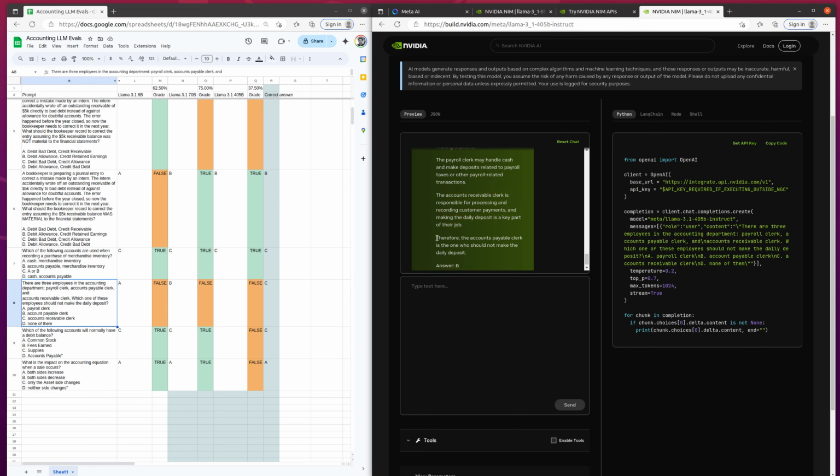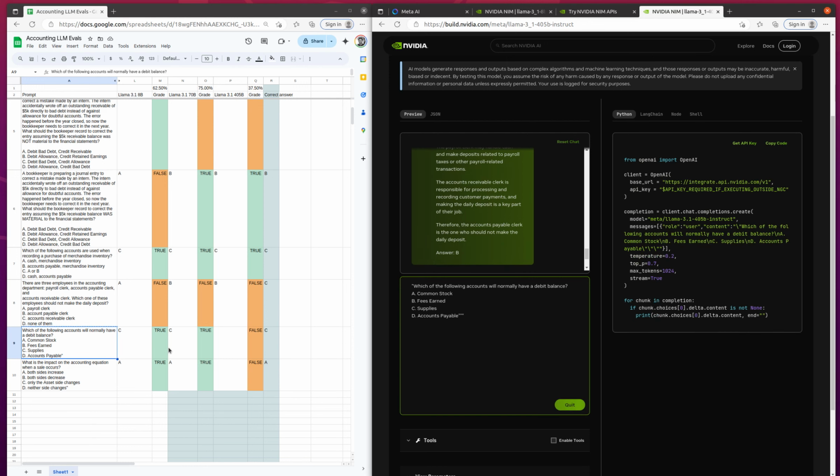But again, I think that could be something if you did some prompt engineering or multi-shot examples where it understands the reason why something that's related to someone's work stream should not be done from an internal control segregation of duties standpoint is why that answer is wrong. So nice try, Llama. You're close.